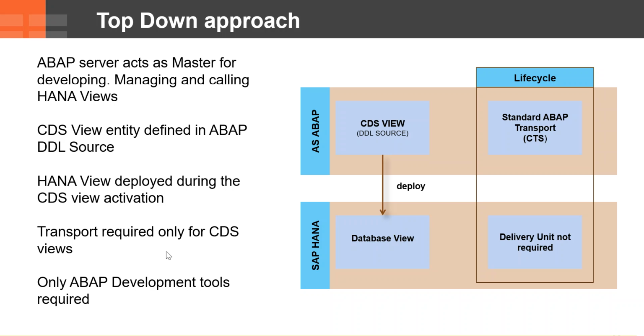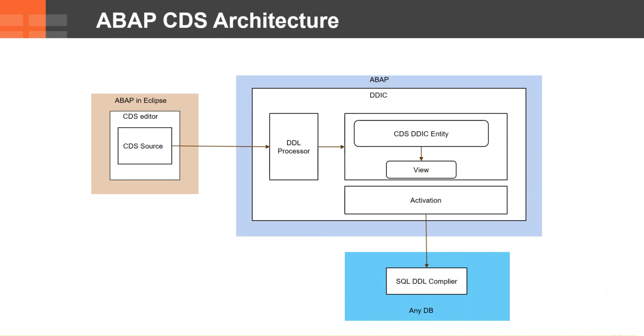Transport is required only for CDS views. There is no other transport required because you are creating your view in the ABAP layer itself. Just a transport request is required for the CDS view to be transported to other servers. Only ABAP development tools are required here. So there is no need of HANA Studio, only ABAP ADT. Only ABAP development tools are required in top-down approach.